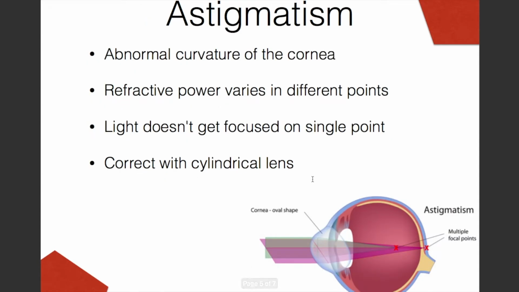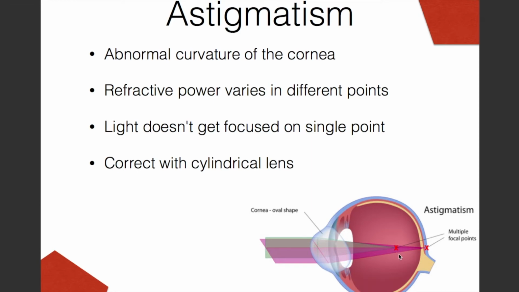Our third type of refractive error is called astigmatism. Astigmatism is very different from the other two we just saw, because there's an abnormal curvature of the cornea, and so the refractive power varies in different points. Not all the points of the cornea are the same, and so we end up with light not getting focused on a single point. There is no single point, unlike the other two, and that way we end up with multiple focal points.